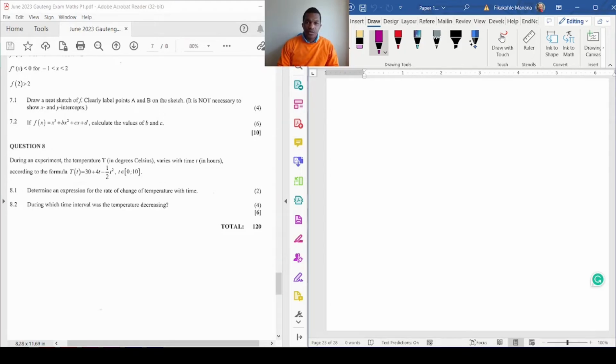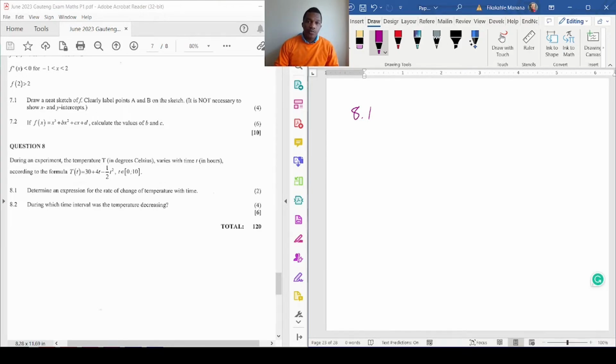8.1, it says, determine the expression for the rate of change of temperature with time. Now, with these types of questions, whenever they say rate of change, you always have to remember that most of the time it is the first derivative of the formula that you are given.